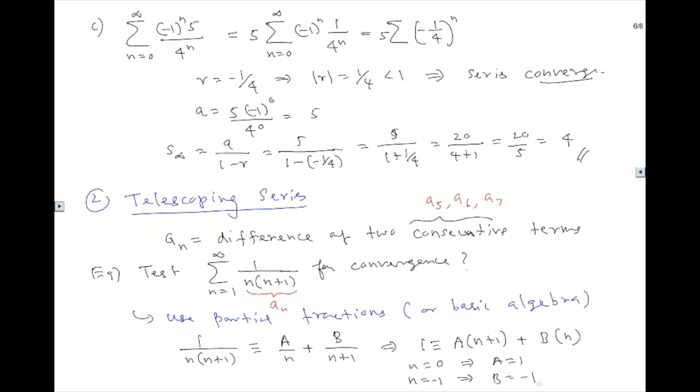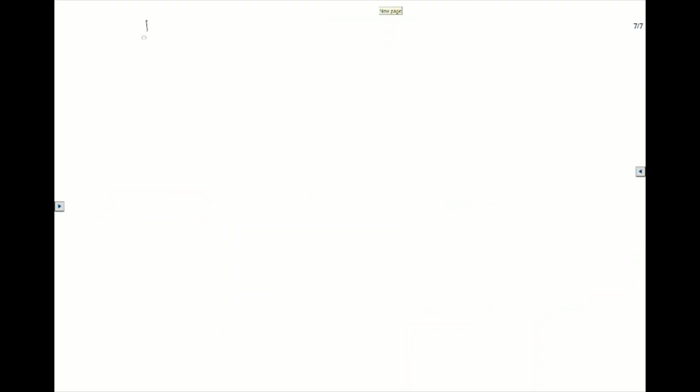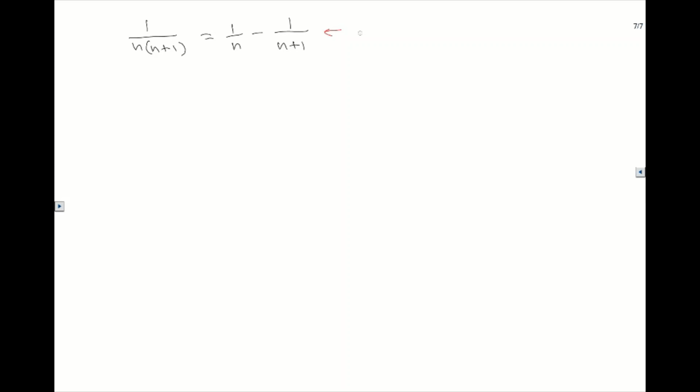So a equals 1 and b equals -1. Plugging that in, you get 1 over n(n plus 1) equals 1 over n minus 1 over n plus 1. This is something you may want to remember. So you can see that this is a difference of two consecutive terms.